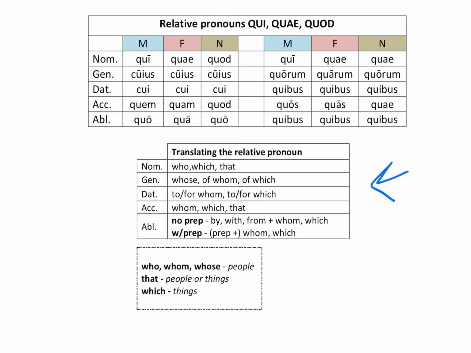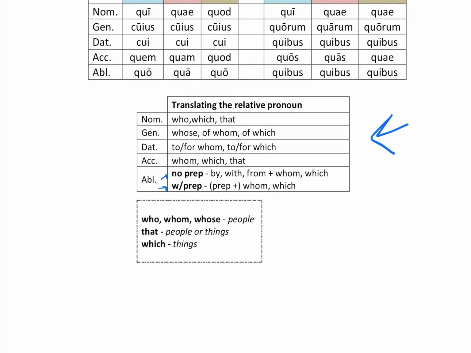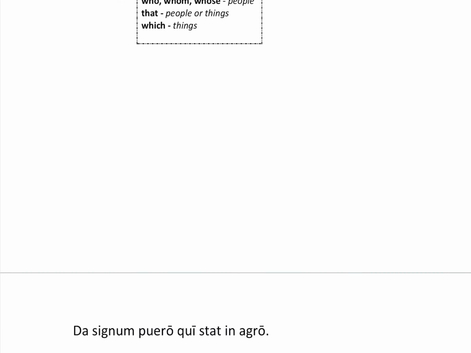And remember, ablative can sometimes have no preposition and can sometimes have a preposition, so that will help you there too. Also, who, whom, and whose are the words you use to refer to people. That can be people or things, and which often refers to things. So it'll help you with the translating.